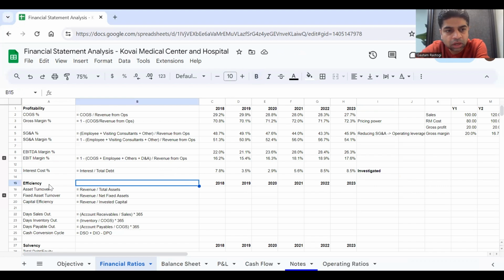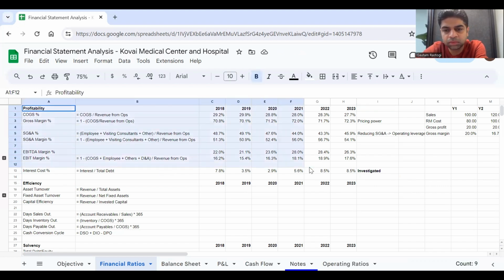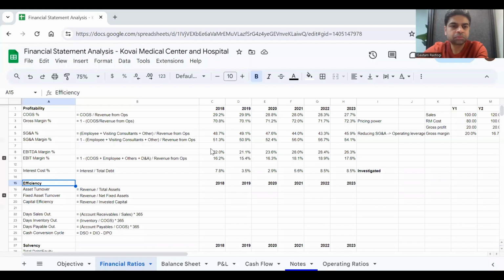Now that completes all the line items that make up the P&L, the profitability. Now let's talk about efficiency, or turnover.